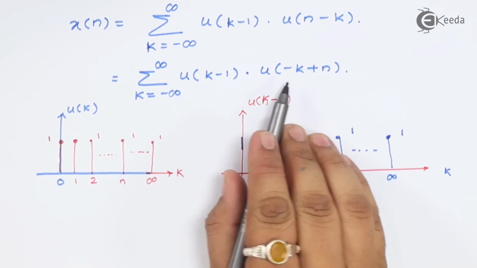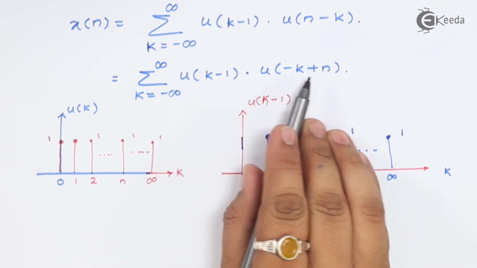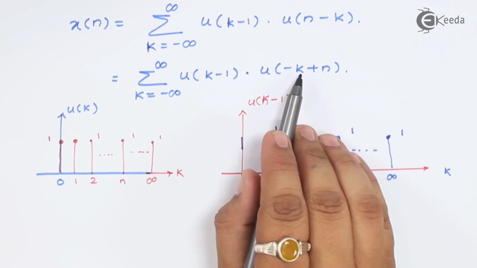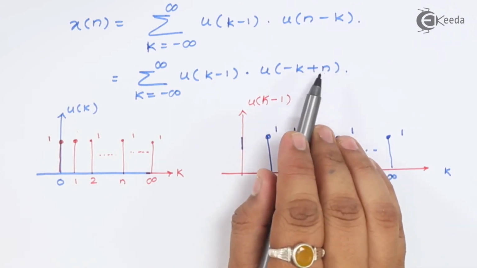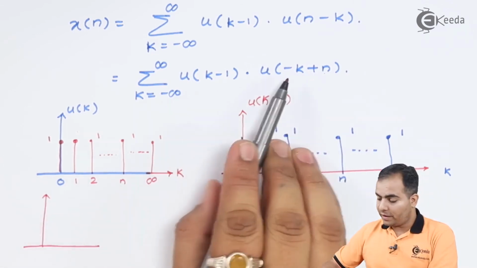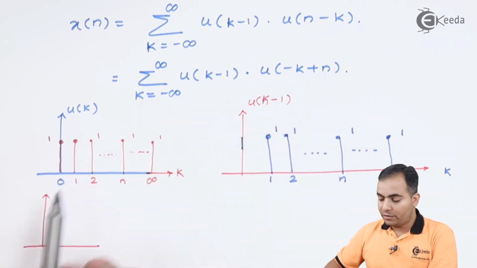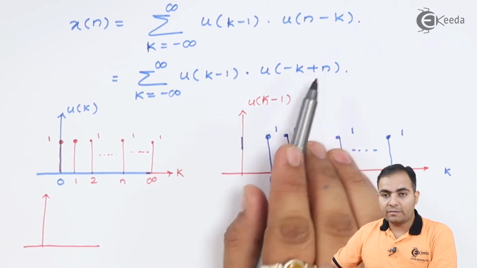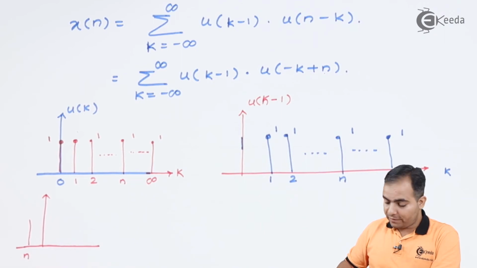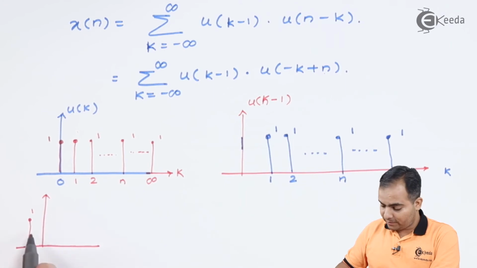Now I will draw the graph for u of minus k plus n. First of all I will draw u of k, then I'll advance this graph by n and then we'll take the mirror image of it. We have already plotted this u of k. So if we advance this graph by n, then what will happen? Our graph will start from n, but from the left-hand side, having amplitude 1.